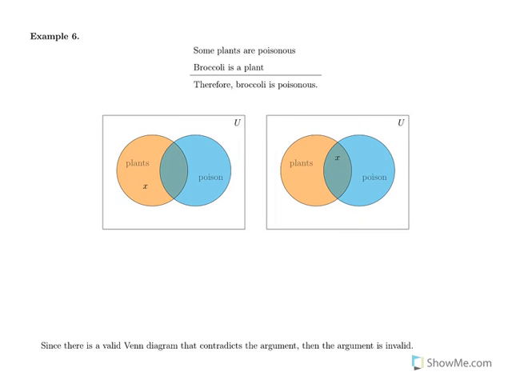So another example, we're going to talk about the particular affirmative and negatives now. Some plants are poisonous. Broccoli is a plant. Therefore, broccoli is poisonous. So let's think about this. Since we have the particular, we're going to talk about these overlapping circles, right? There are some plants that are poisonous. So this middle part represents plants that are poisonous.